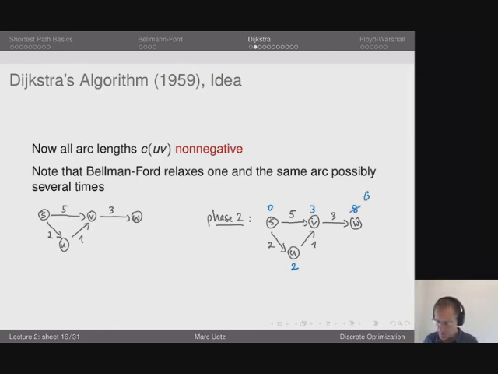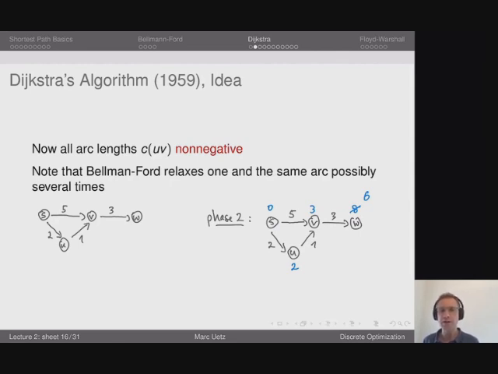So we need another update of the distance label of W here. Then we continue processing this edge, nothing happens, and this edge, nothing happens, and we are actually done. But what you see here is that we actually needed these 2 update steps, at least given the ordering of the edges that I gave. We needed twice update steps for this edge.